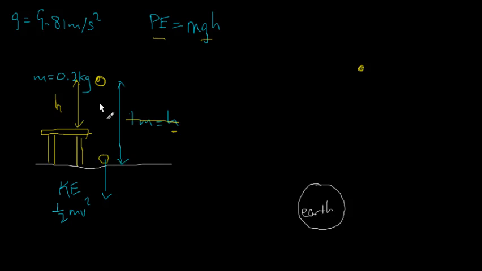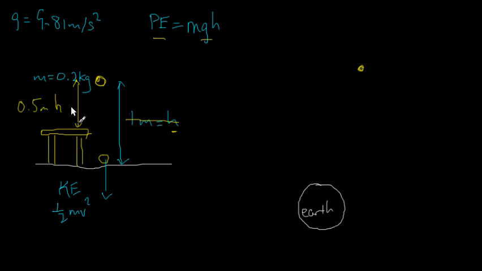Now what this means is that if I change my h to here, let's say the table is maybe half a meter high. So let's say this height here is 0.5.